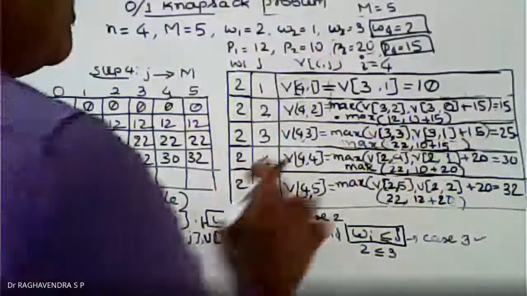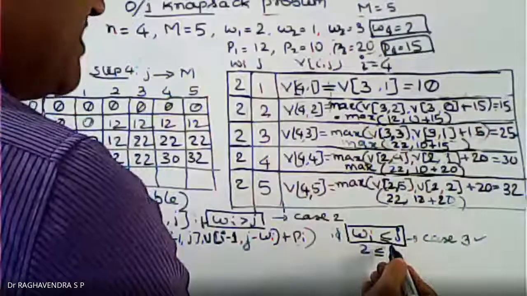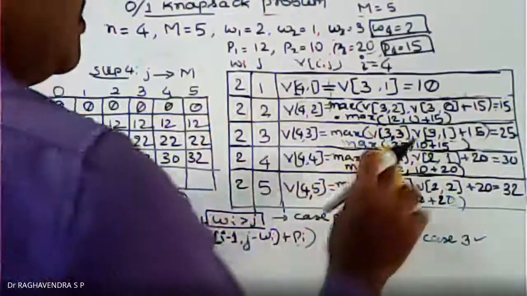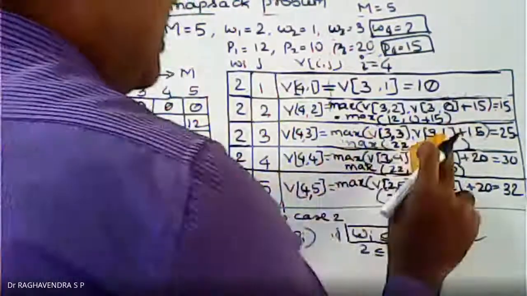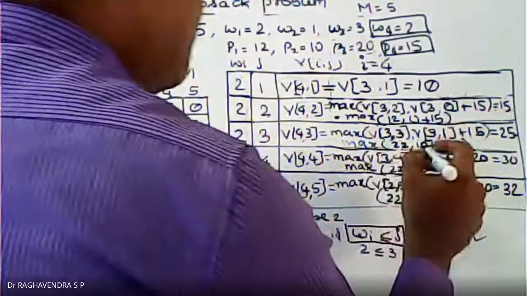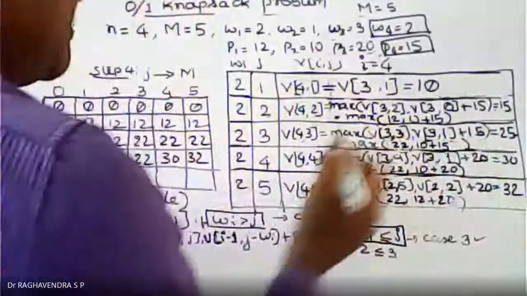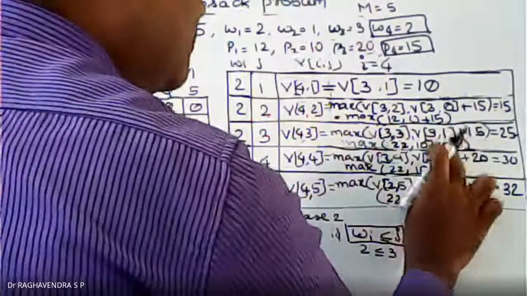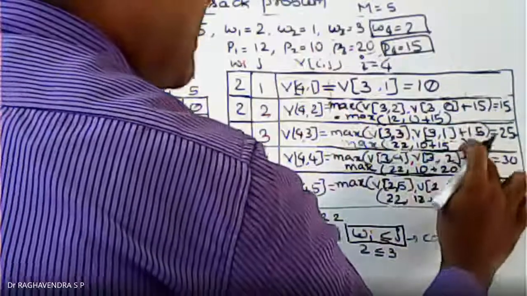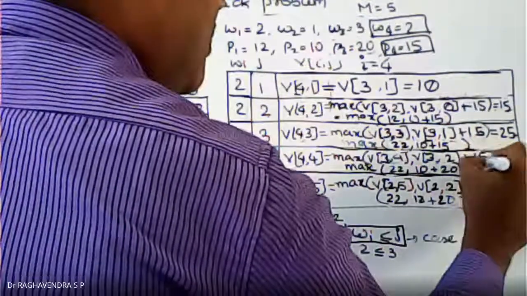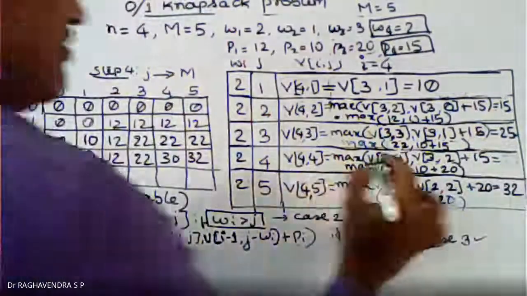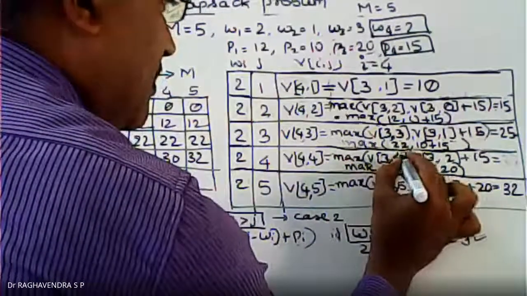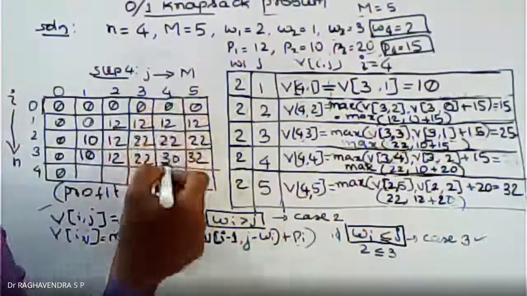Okay. Next, we have 4 comma 4. It fits case 3 because 4 is equal to 4. So now this becomes 3 comma 4 and 3 comma J minus Wi, 4 minus 2 is 2, plus 15. Substitute the values: 3 comma 4, what is the value? 30.